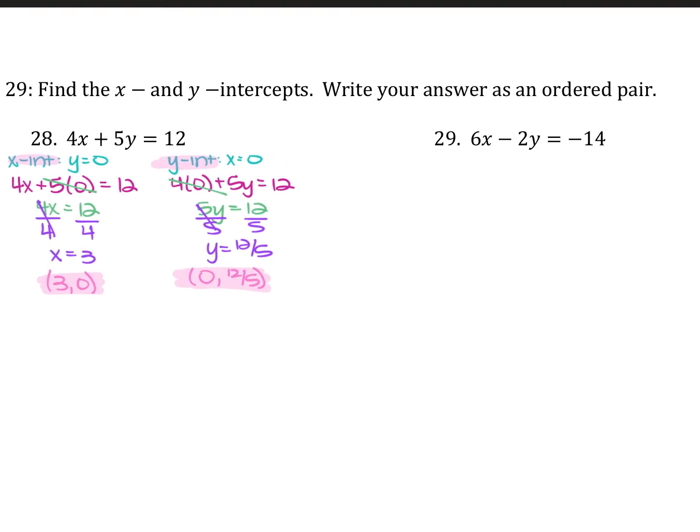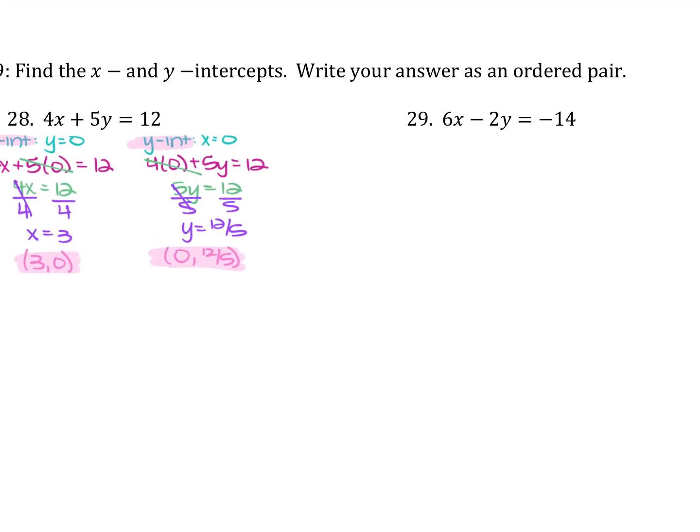For 29, we are given the equation 6x minus 2y is equal to negative 14. For this one, we're going to do the same exact thing. So find our x-intercept. We're plugging in 0 for y. And this will give us 6x minus 2 times 0 is equal to negative 14.